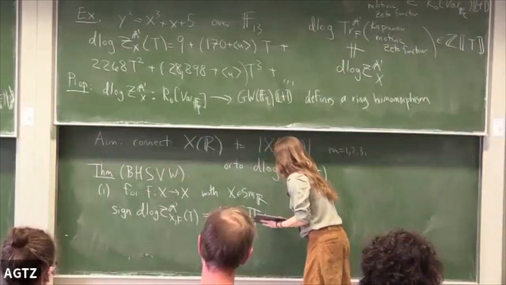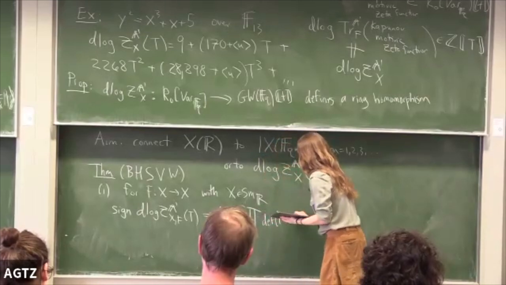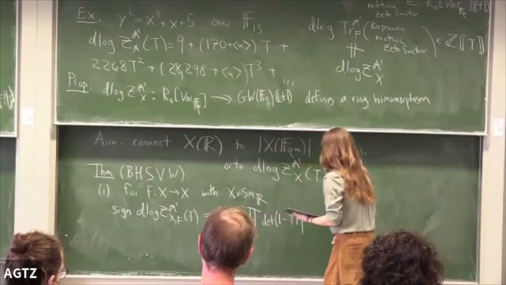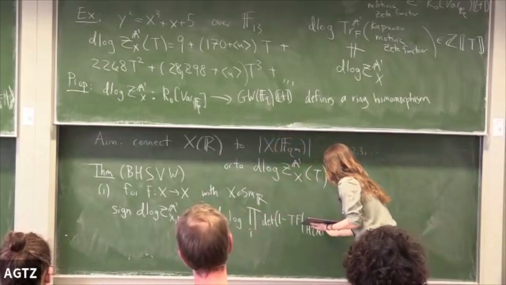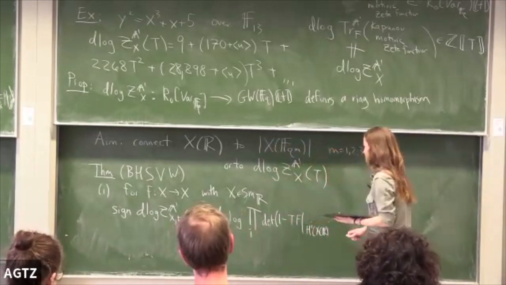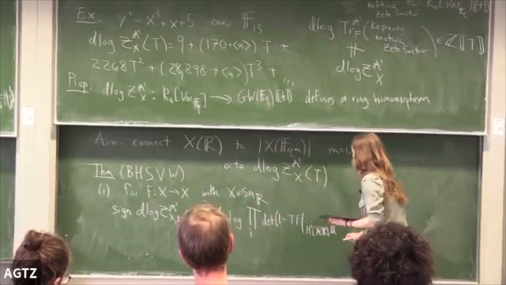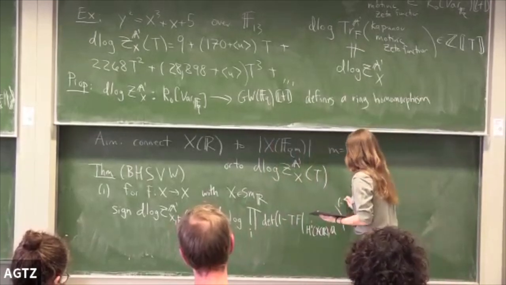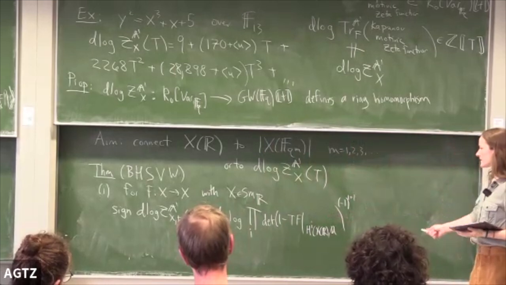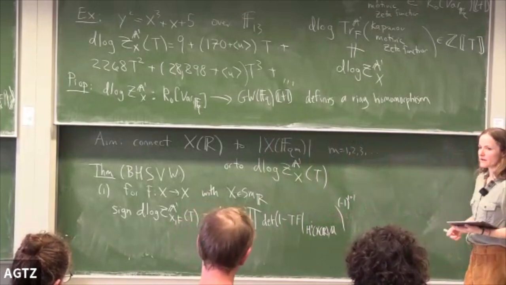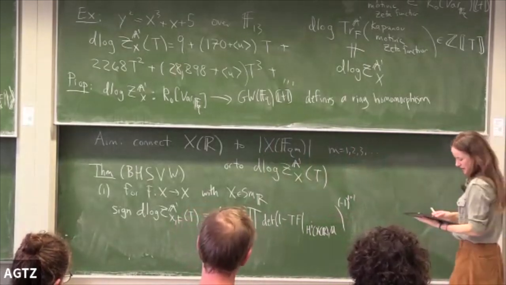So the determinant of 1 minus t times f acting on H^i(X(R)) with Q coefficients, with the odd ones in the numerator and the even ones in the denominator.